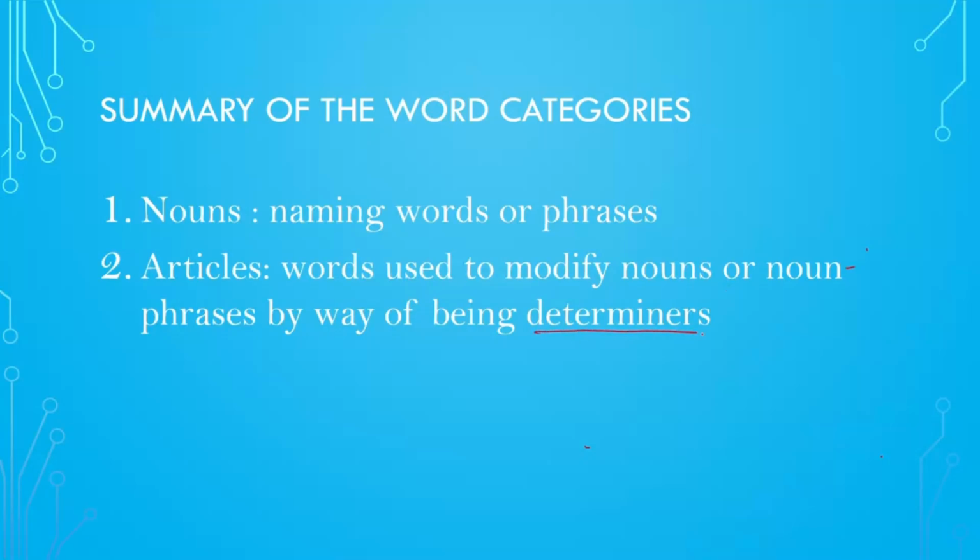A determiner that defines whether the noun you are referring to is known or unknown is called an article. For example, you can say a boy. That a is an article, as opposed to saying the boy. The here is an article.